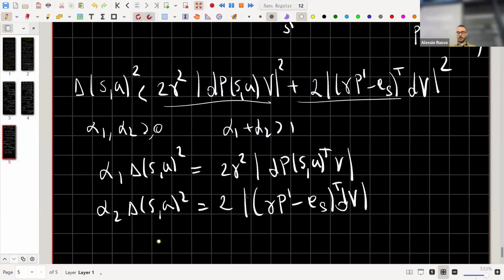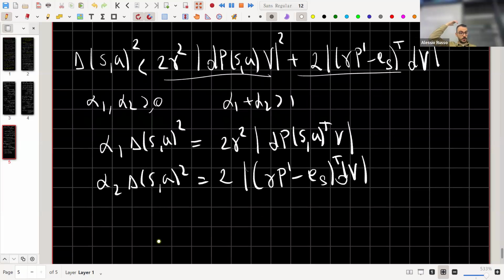So if alpha 2 is equal to 1, it means that the gap squared is equal to this term. So this inequality is always true as long as this quantity is a bit bigger than 0, right? So this second term is the dominant one. So this alpha 1 and alpha 2 basically represent how dominant each one of these two terms is.